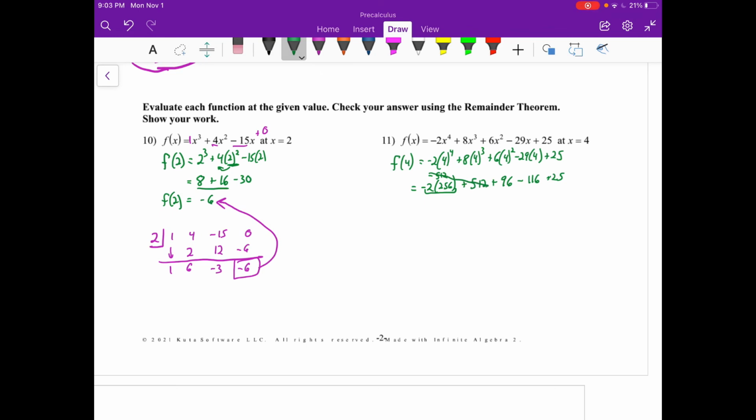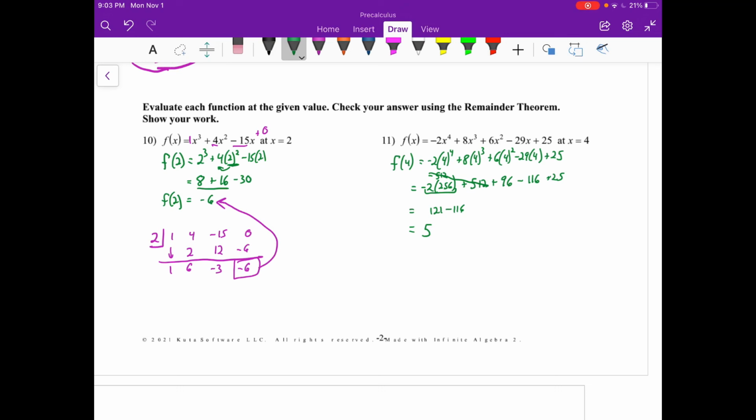We have 96 plus 25 is 121. So 121 minus 116 is 5. See how I did with my arithmetic there.